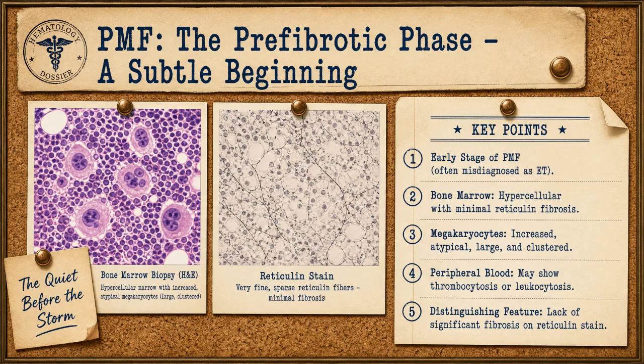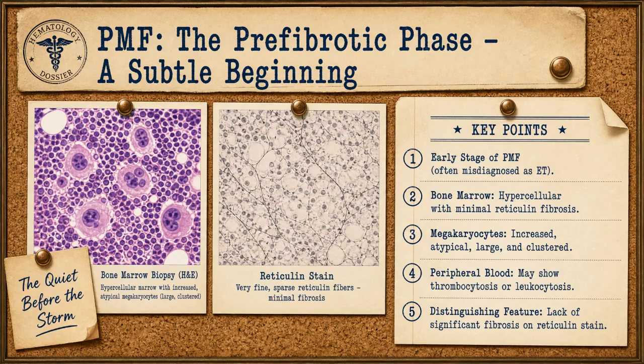In the peripheral blood, patients in the prefibrotic stage may present with thrombocytosis or leukocytosis. Anemia might also be present, but it's usually not as severe as in the later fibrotic stage. The absence of significant fibrosis on the reticulin stain is the distinguishing feature that helps us identify this early phase of PMF.